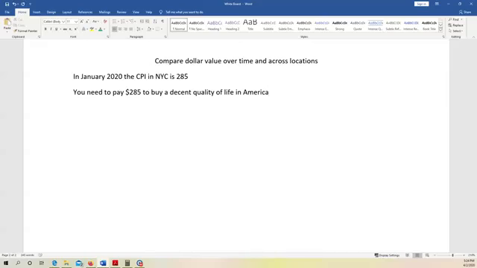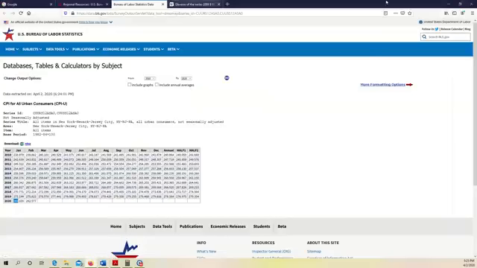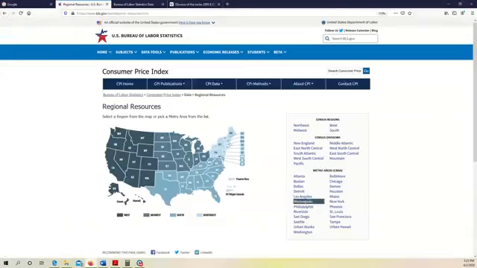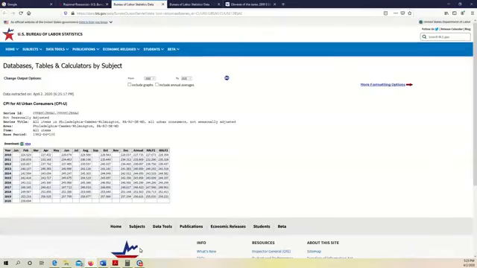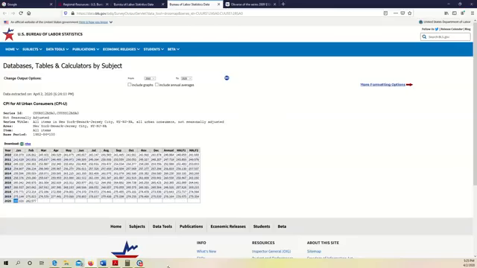So for example, if I want to buy a decent quality of life in America, in New York City, you have to pay $285. In another city, for example, let me open Philadelphia. In February 2020, to buy the same decent quality of life in America, you only need to pay roughly $260 compared with 282 in New York City.